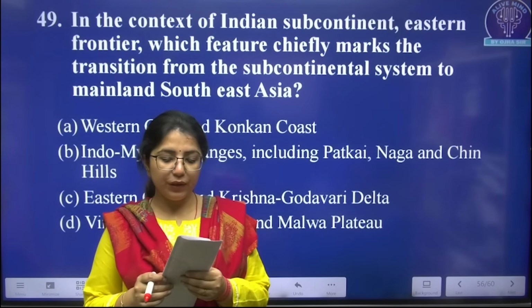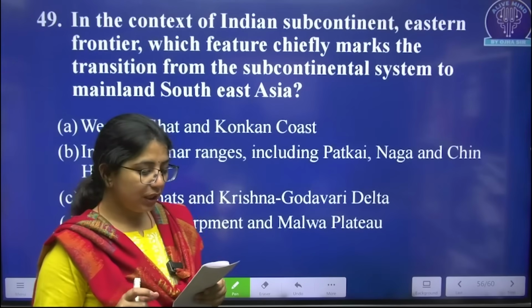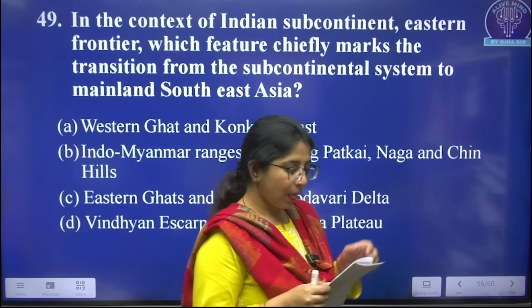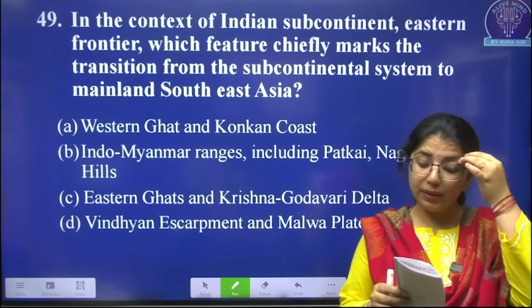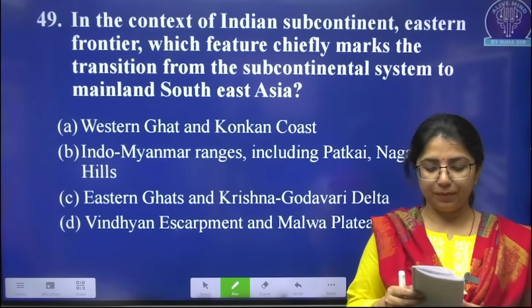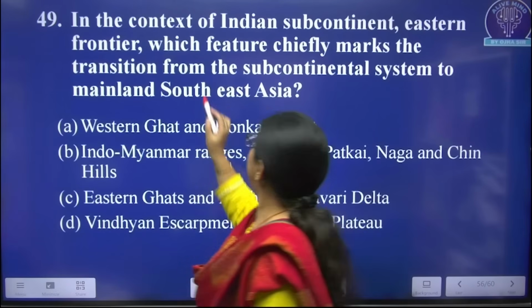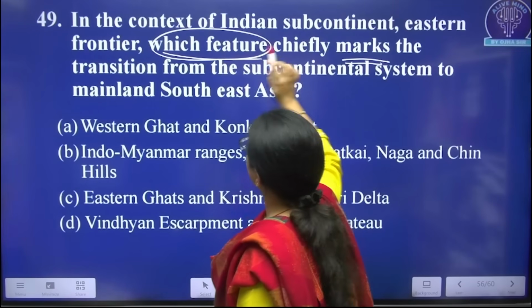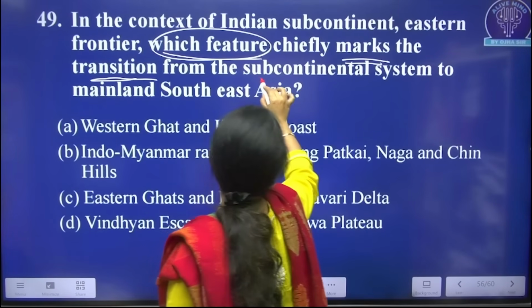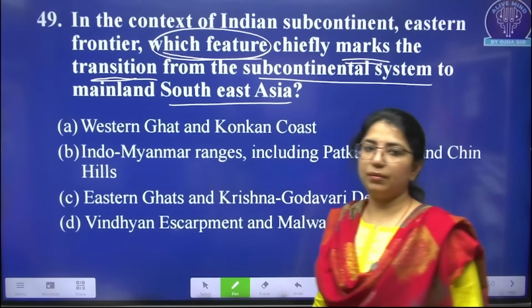In the context of Indian subcontinent, eastern frontier, which feature chiefly marks a transition from the subcontinental system to mainland Southeastern Asia. They're asking which feature marks transition from the subcontinental system to mainland Southeast Asia.